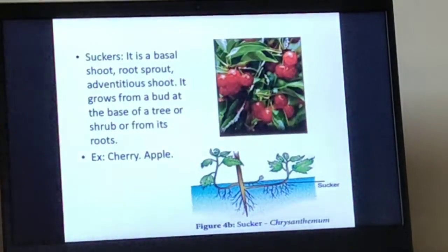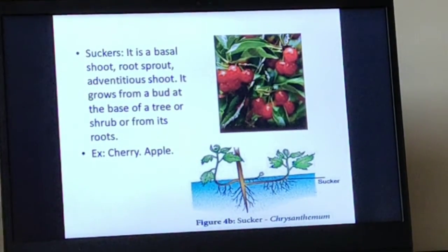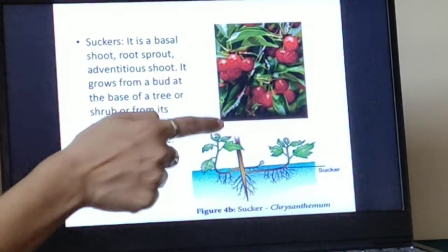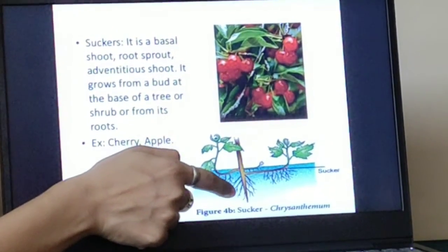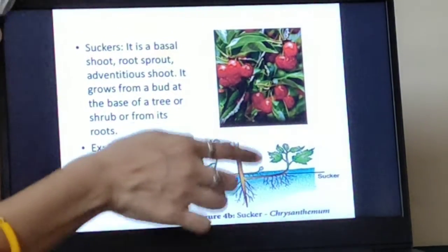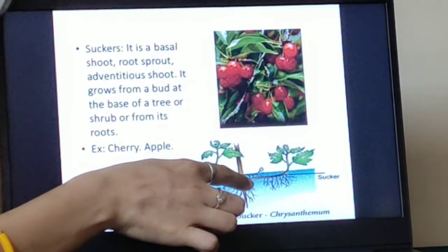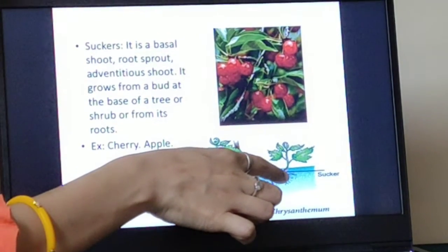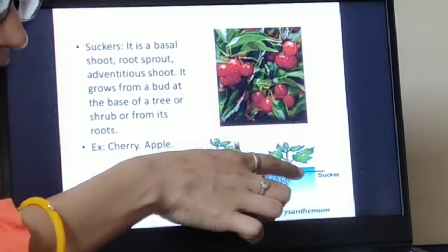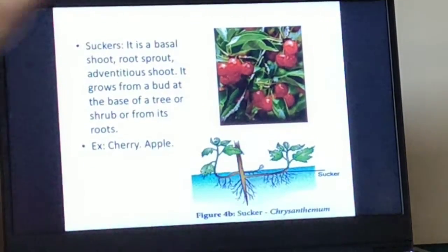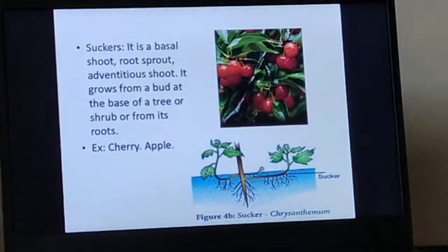Next example is suckers. Now you can see in this diagram that below the ground, at the base of the shoot, there is a non-green slender stem. When it comes in contact with the soil below the ground, it will give rise to a new plant. This non-green stem is known as a sucker.